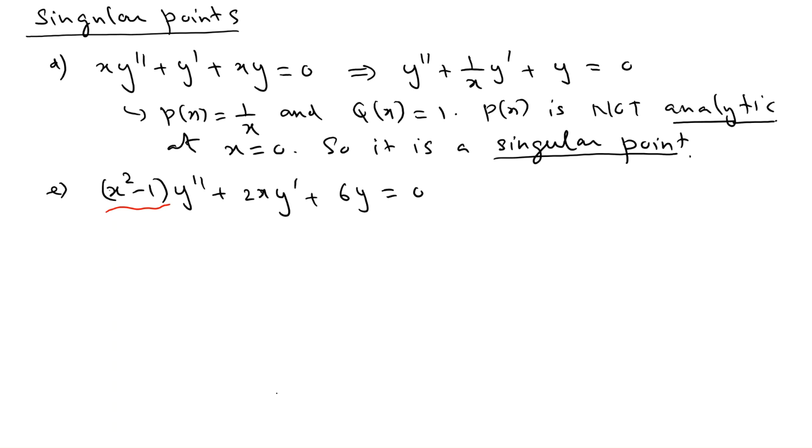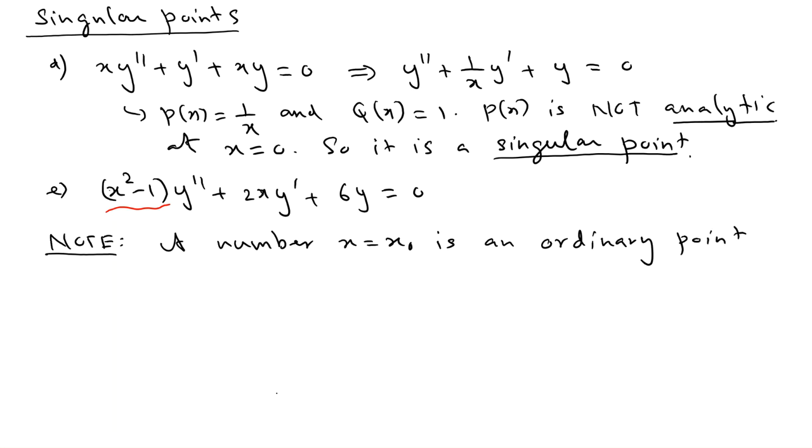In another way, we can write it like this. Let x naught be a number. x equals x naught is an ordinary point of the differential equation 1 if a(x naught), the coefficient function of the largest derivative term, is not equal to 0.